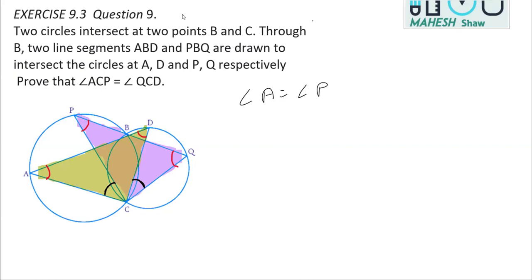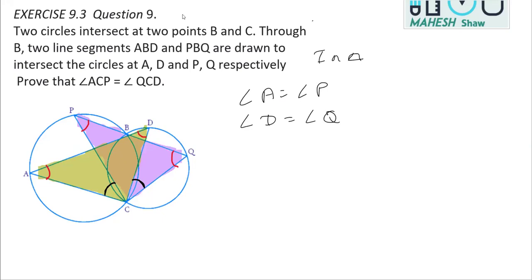So we have angle D is equal to angle Q. Now, what you have to remember is that when two angles of a triangle are equal, then their third angle should also be equal. This is a property. So let me write down the triangles.